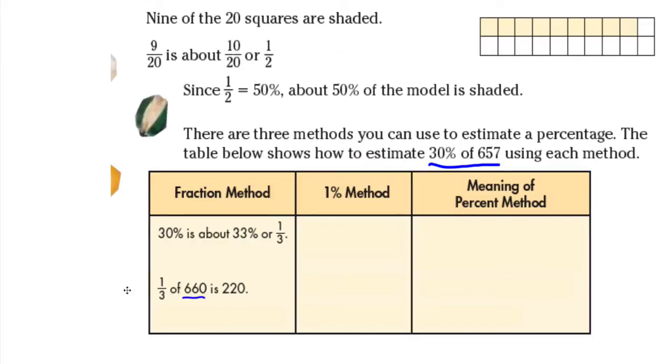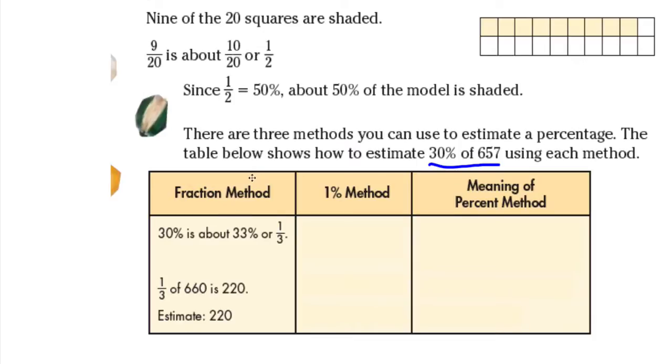Mental math tells us that 1/3 of 660 is 220, because you simply divide 66 by 3, that'll give you 22, and simply add a 0. So the estimate using the fraction method is around 220. So 30% of 657 is about 220 using the fraction method.